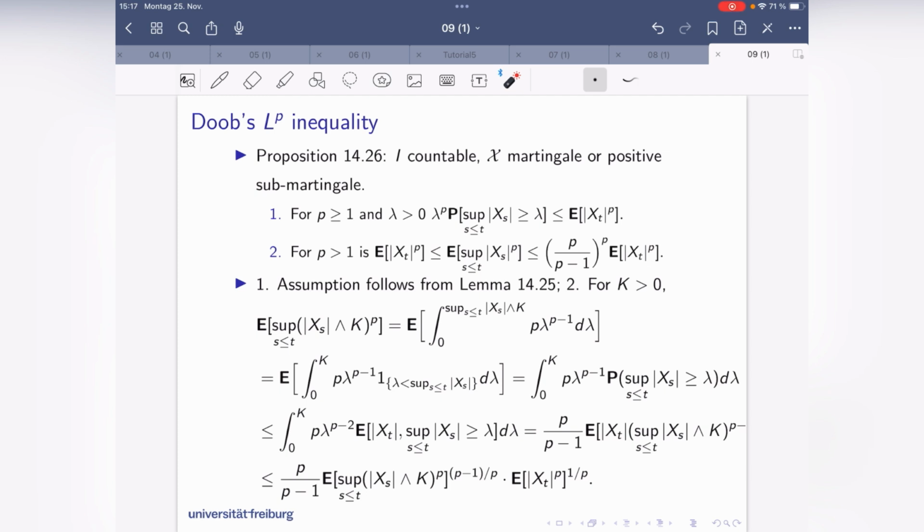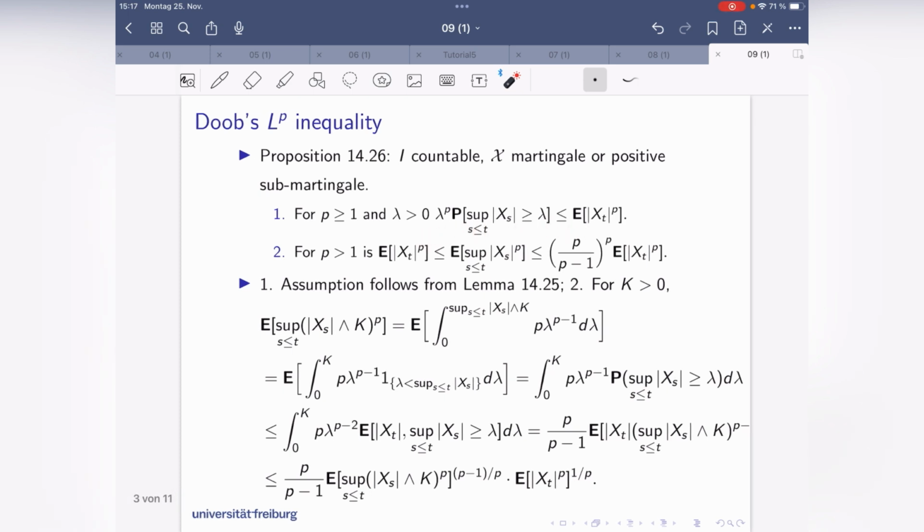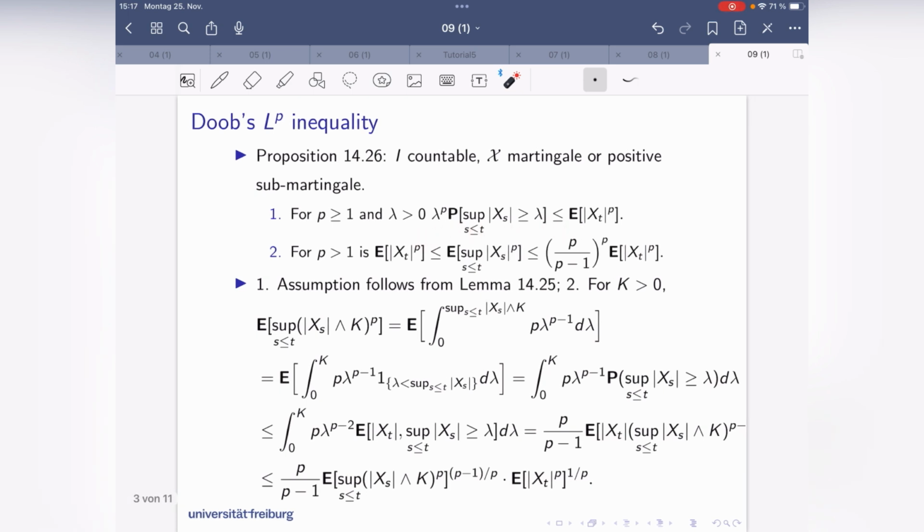Now I can use Fubini and exchange the expectation and the integral, to the effect that I have the expectation of an indicator, which is a probability. And for this probability, I already have something, the first thing here, from the maximal inequality.